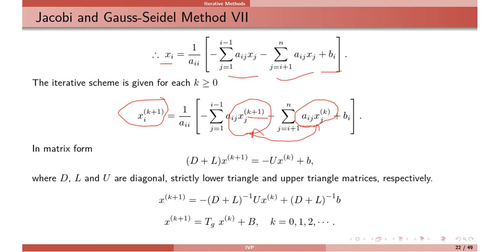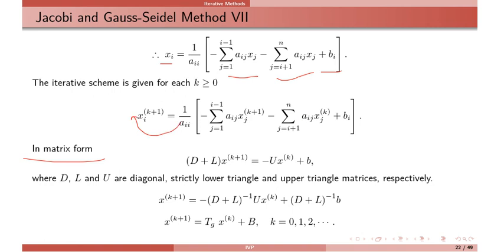So now I am writing it in matrix form. As we did in Jacobi, take aii here, and also move this k plus 1 to the left-hand side. Entries with label k plus 1 go on the left-hand side, and entries with label k go on the right-hand side with b.